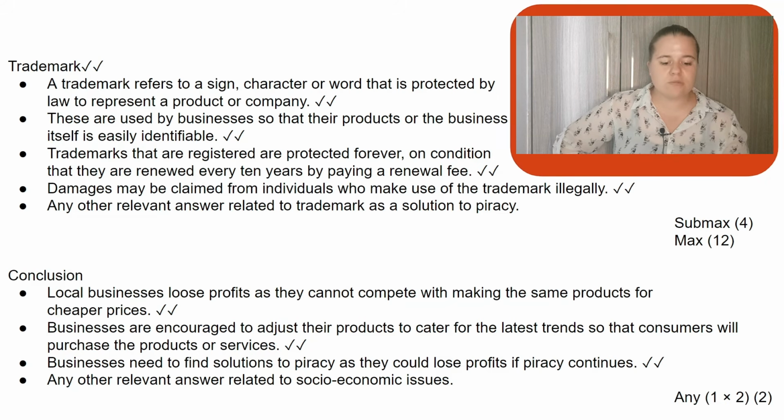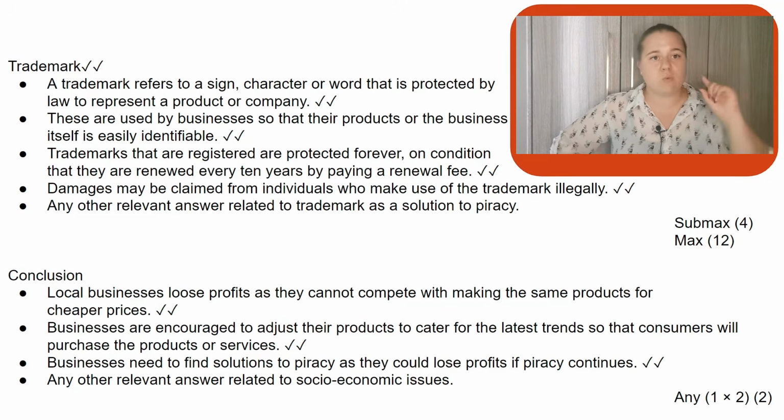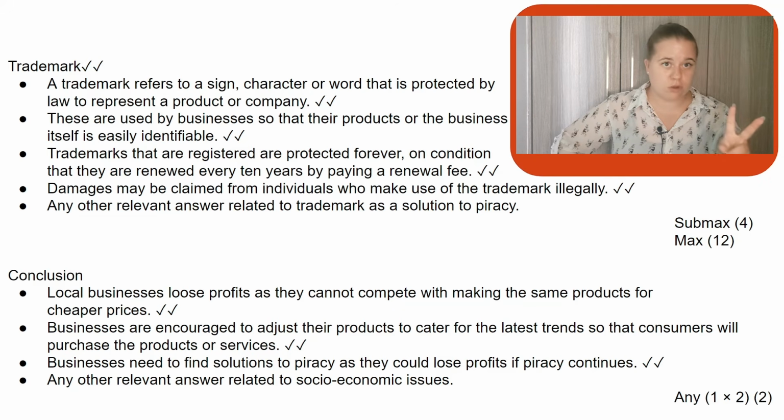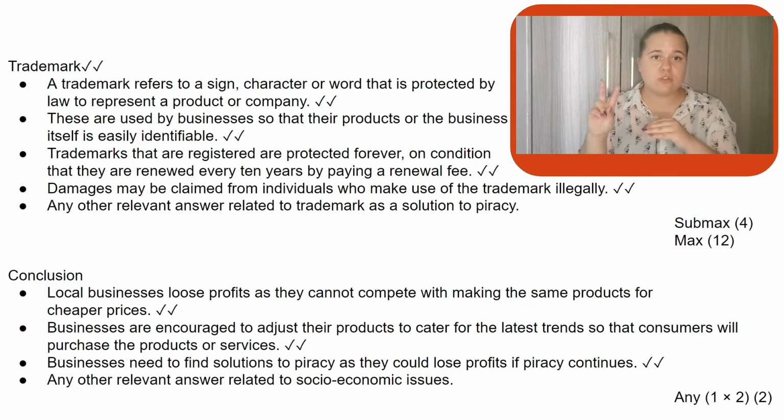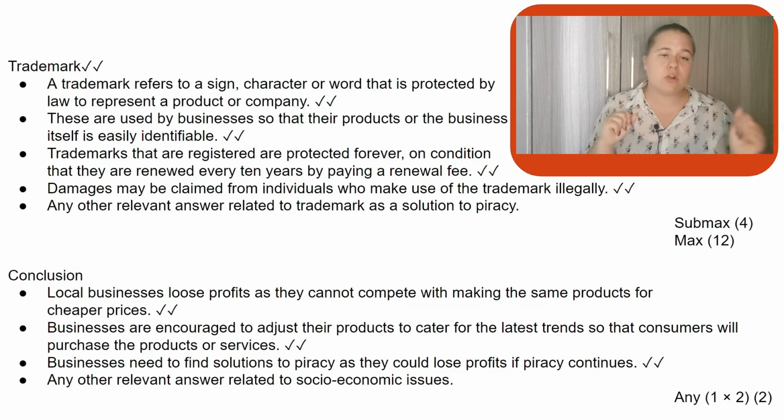Businesses are encouraged to adjust their products to cater for the latest trends so that customers can purchase the products or services. Businesses need to find solutions to piracy so that they could use profits if piracy continues. Now here you need 1 bullet that we're marking for 2 marks. So intro, remember, 2 marks, 1 each. Conclusion, 1 bullet, 2 marks.